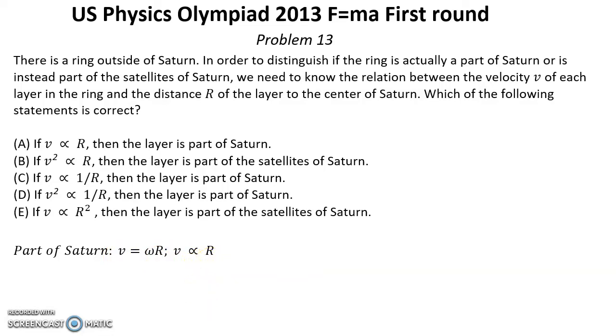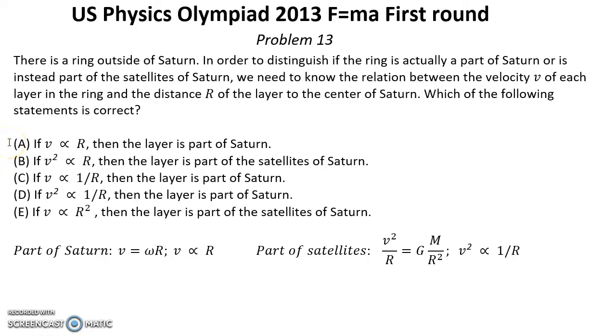In case this ring is part of a satellite system, we have centripetal acceleration, which is v square over r, must be equal to acceleration due to gravity, which is g mass of Saturn over radius square. It means that v square is inversely proportional to radius. And let's use these two dependencies for our answers.